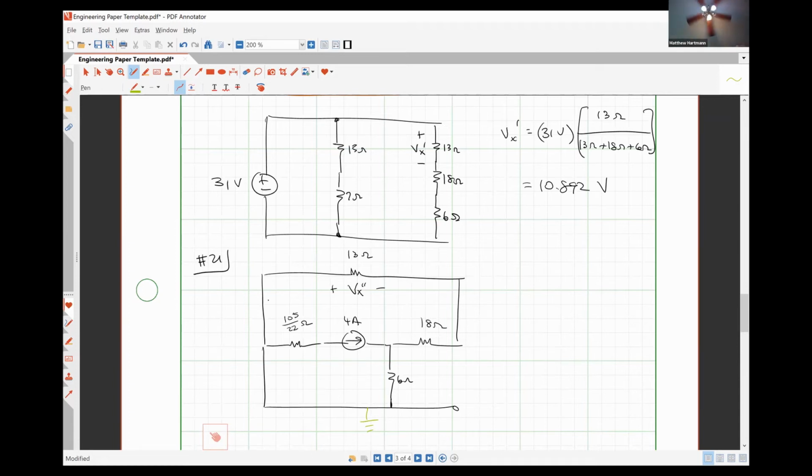So this whole thing is ground. And then that would give me 1 node, 2 nodes, and 3 nodes. But if I do mesh analysis, then I just have 2 simple loops now. And I think that's a little bit easier.